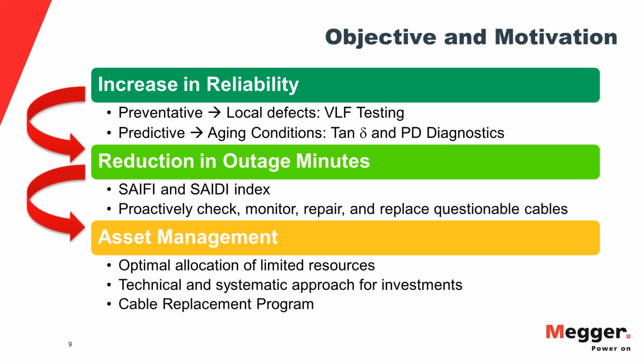And you also want to proactively check your whole cable population to be able to do a condition-based maintenance program. And that all feeds in technical information, so not guesswork or guesstimates or whatever, like technical information obtained by scientific methods to feed your asset management.